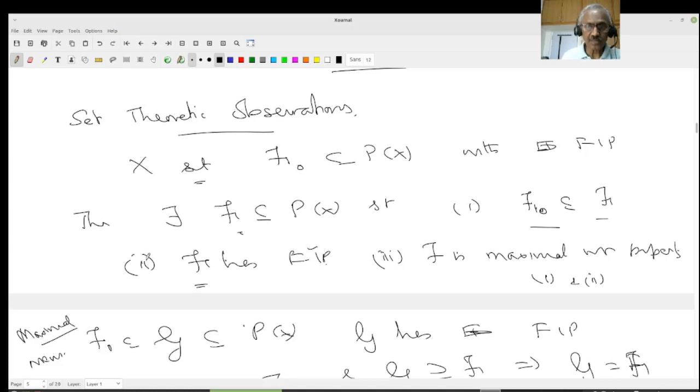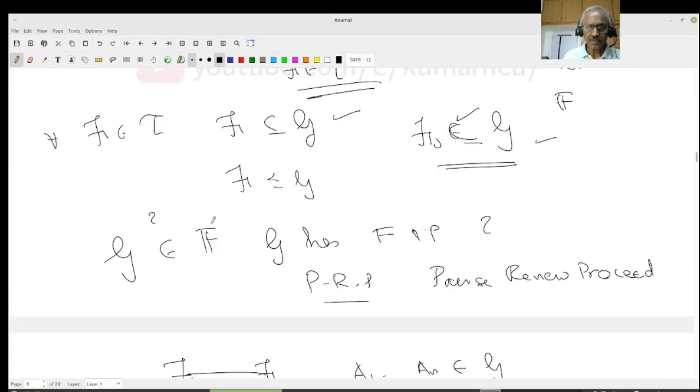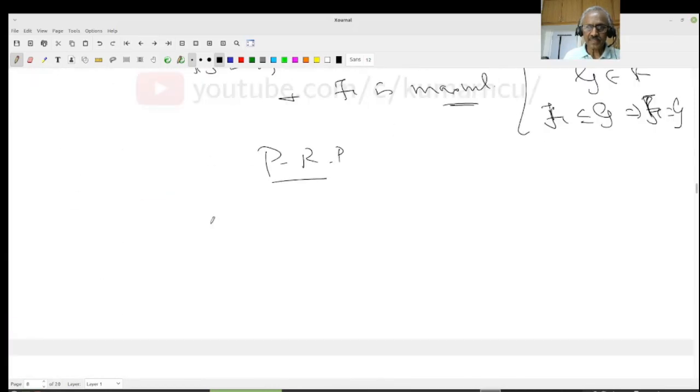What does it mean to say maximal with respect to these two properties? If G is also a family of subsets such that F naught is contained in G, and G has FIP, and F is contained in G, then F has to be G. Nothing can be bigger than that. So take some time, understand.